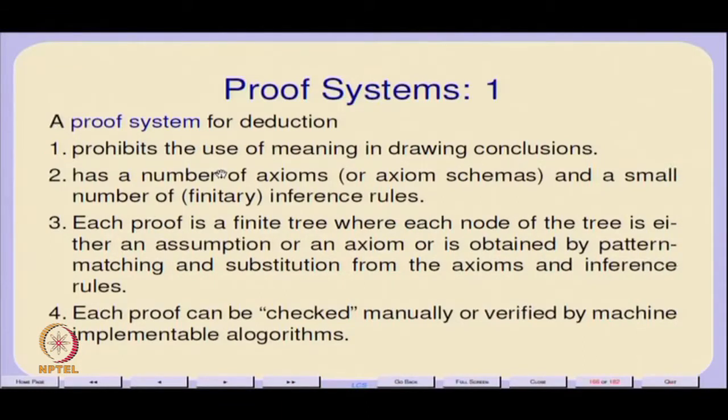So, a proof system essentially relies on a certain language, and it prohibits the use of meaning in drawing conclusions. It has a number of axioms. So, our description of our mathematical model, inspired by Euclid, is essentially a collection of starting axioms or axiom schemas and a small number of finitely expressible inference rules. Okay. These inference rules will allow us to reason about this abstract mathematical domain.